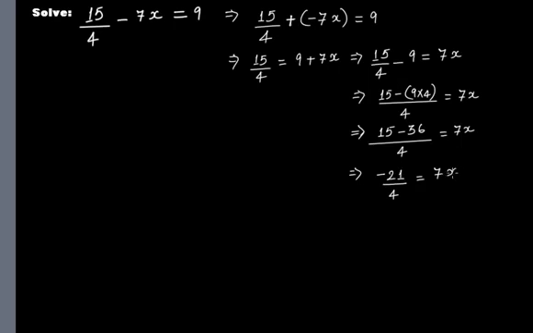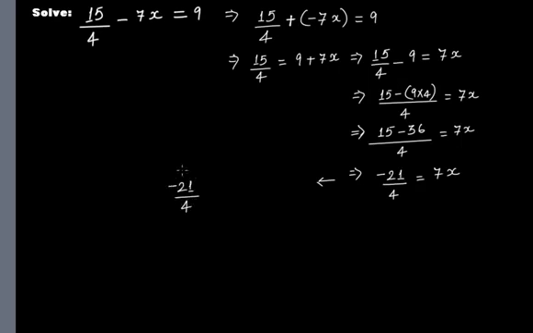Right? Now we have 7x here and we have minus 21 by 4 on the left hand side. We need only x on the right hand side. So what we will do is we will simply divide both the sides by 7. So this becomes minus 21 by 4.